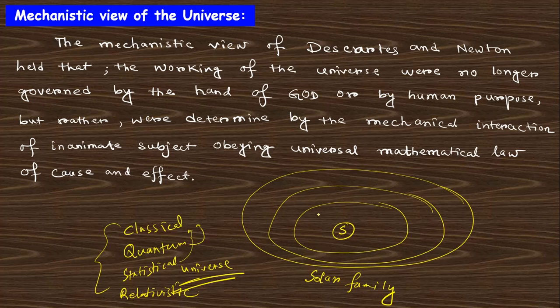The universe is not governed by the hand of God or by human purpose. This universe just obeys mechanical principles. So we need to know about all the mechanics already discovered: classical, quantum, statistical, relativistic, etc.